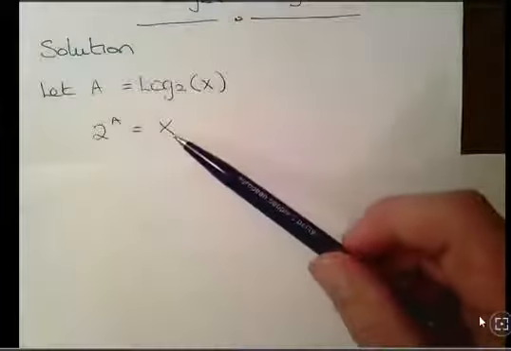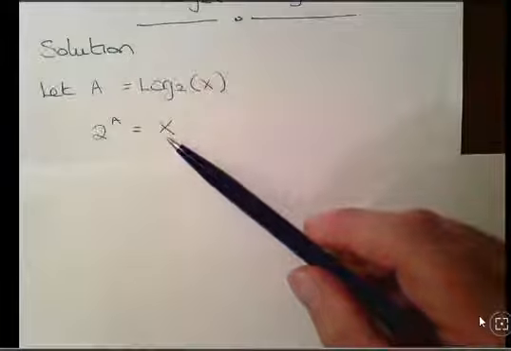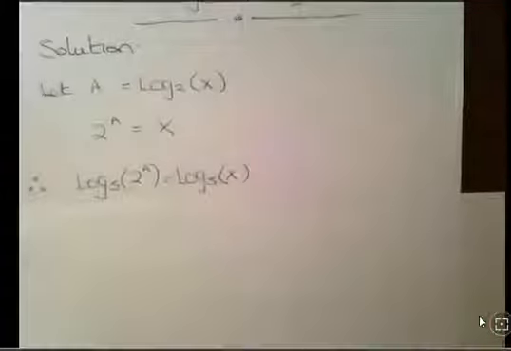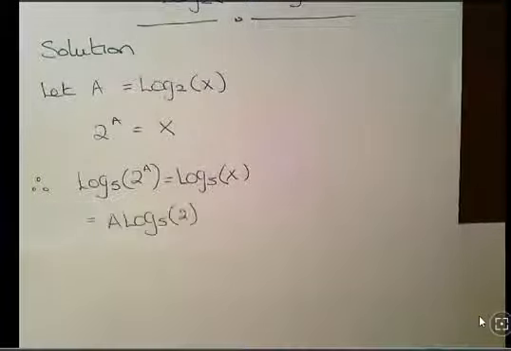I'm going to take the logarithm of both sides of this expression to the base 5 and to the base 10. So log of 2 to the a to the base 5 equals log of x to the base 5, and I can use the rules of logarithms to take that power out and re-express that as a times log of 2 to the base 5.